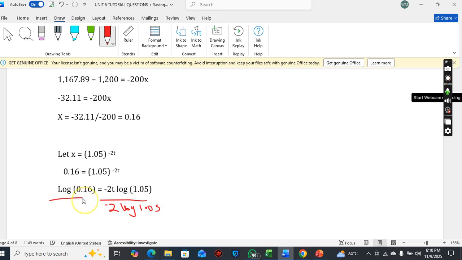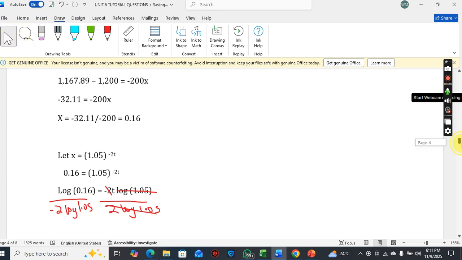We have to divide both sides by that: negative 2 multiplied by log 1.05. Here the negative 2 cancels, and this logarithm cancels.